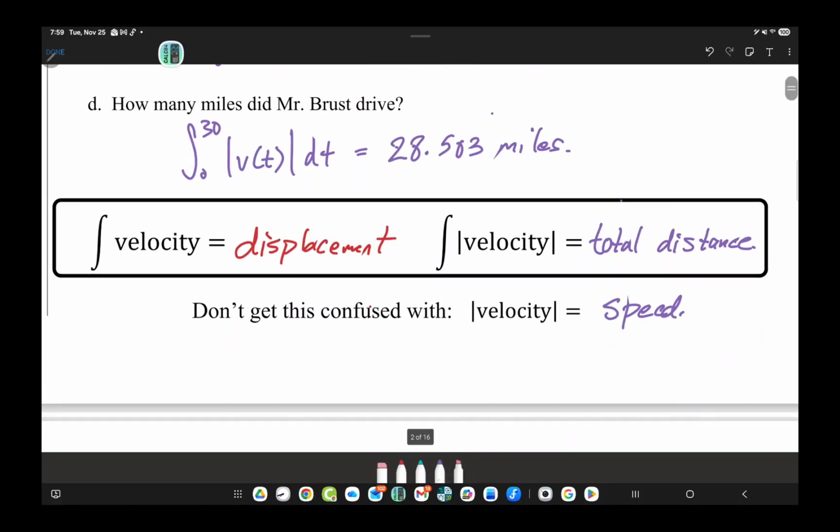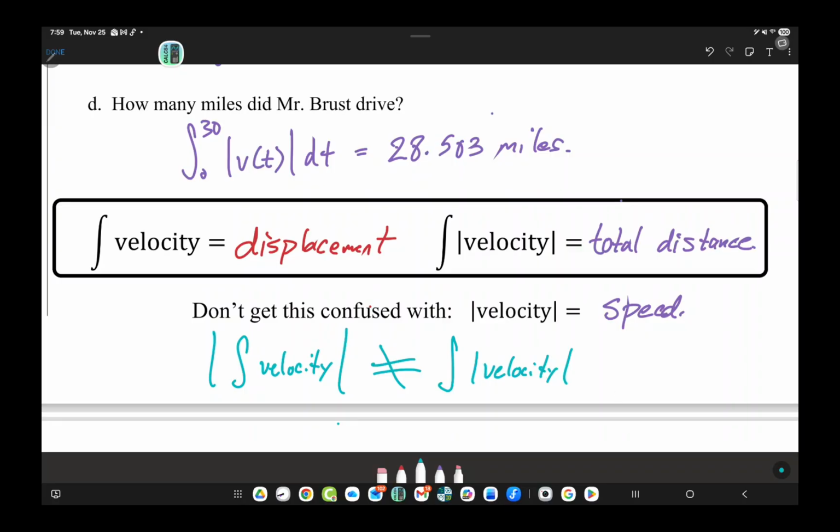Also, if I take the absolute value of the integral of velocity, whatever that is, that does not equal the integral of the absolute value of velocity. Okay, so make sure you actually know where the absolute value goes. If I want to find total distance traveled, I do the integral of the absolute value, not the absolute value of the integral.